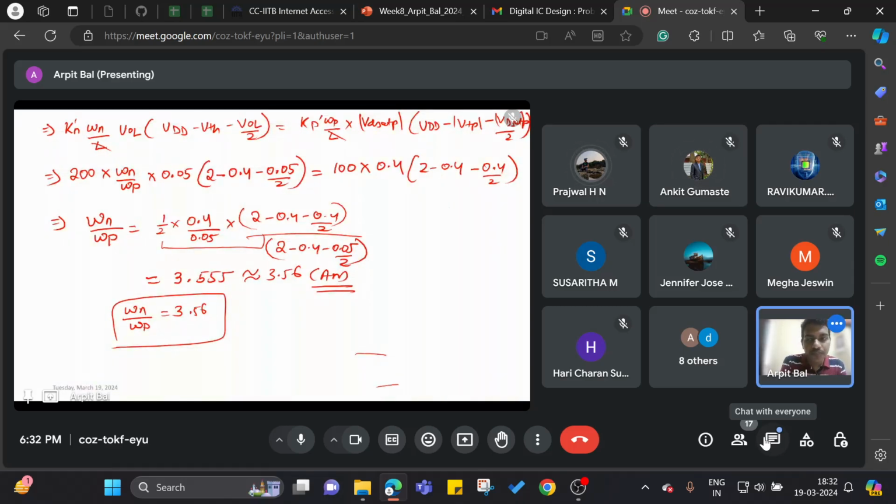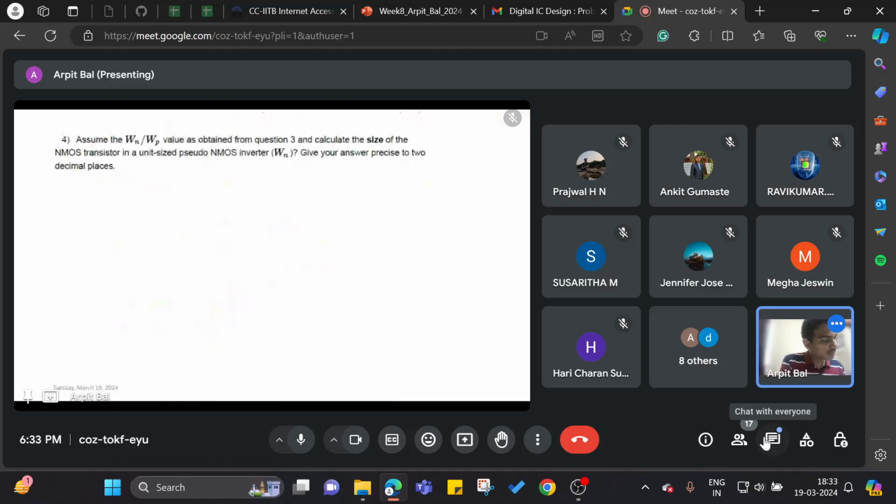Correct. Actually, 7 times if we consider mobility factors. Okay, so I hope this question is clear. So moving on to the next question.